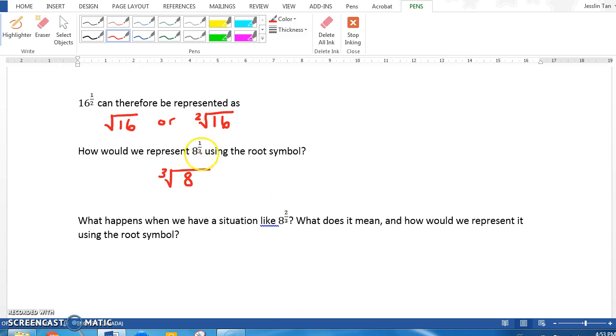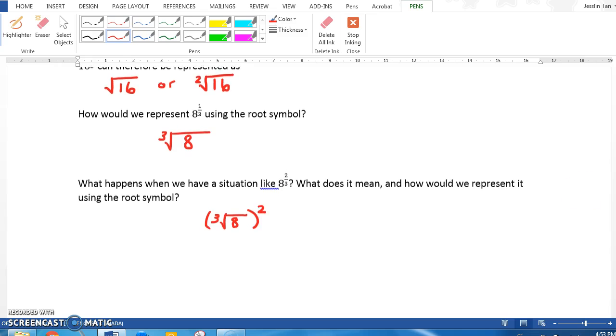For the question here, the 1 would be written underneath. I can do the same thing with respect to 8 to the exponent 2/3. The best way to write it is to do the 3rd root of 8, and then whatever that answer is, I'm going to square it. The reason we want to put the squared on the outside is because it makes our calculations a lot easier. So what number multiplied by itself 3 times equals 8?